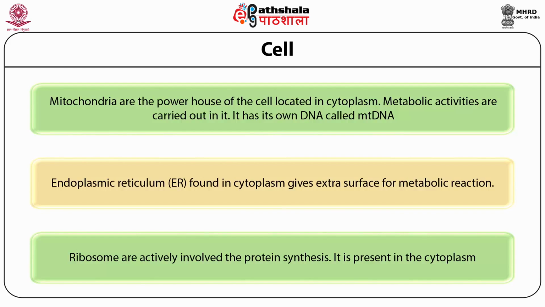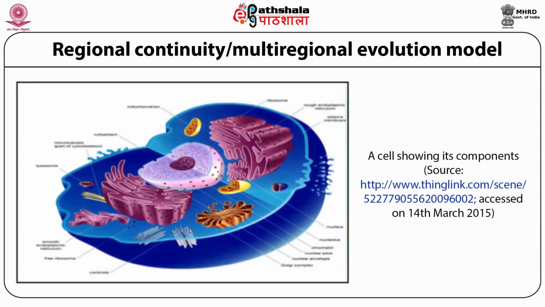Ribosomes which are attached to the endoplasmic reticulum are called attached ribosomes, and those found floating in the cytoplasm are called free ribosomes.